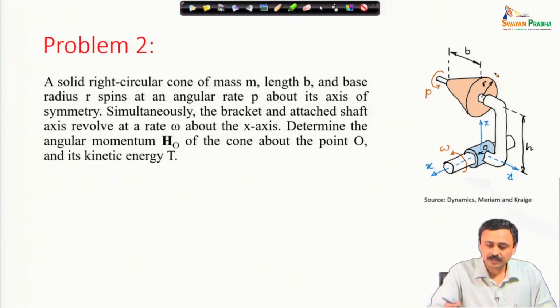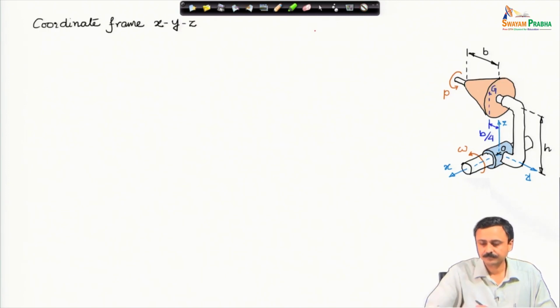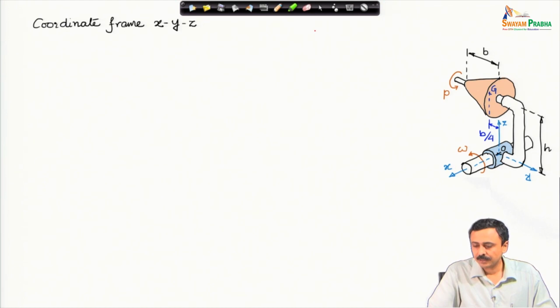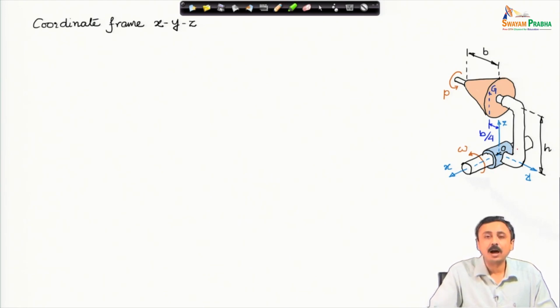Again, we will use that shifting result for angular momentum. We will take the coordinate system x, y, z that has been shown already in this figure, and this frame is rotating with the arm, the arm on which the cone is mounted.